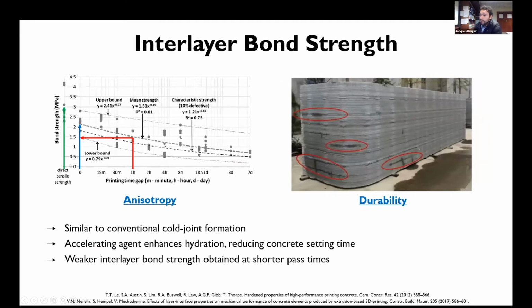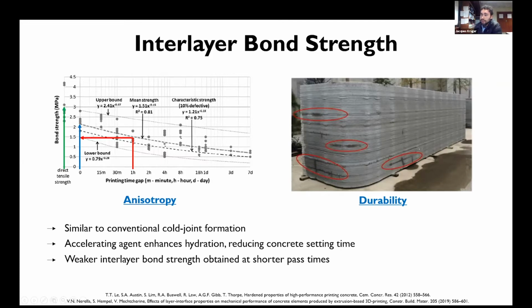So why is this the case? Well, if you look at this graph on the left-hand side, this is by Lair et al. They performed direct tensile tests on a printable material. This green arrow is the cast specimen, where they got a bond strength, or tensile strength, of about 3 MPa. Now for printed samples, which starts at 0 and goes all the way to the right, that's the printing time gap between the deposition of the successive filament layers.